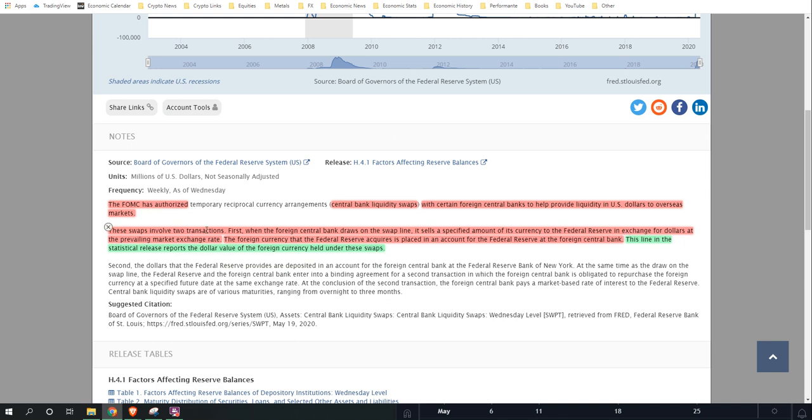These swaps involve two transactions. First, when the foreign central bank draws on the swap line, it sells a specified amount of its currency to the Federal Reserve in exchange for dollars at a prevailing market exchange rate. The foreign currency that the Federal Reserve acquires is placed in an account for the Federal Reserve at the foreign central bank.